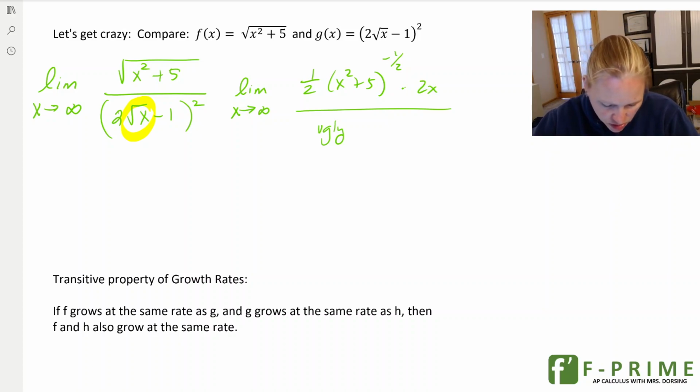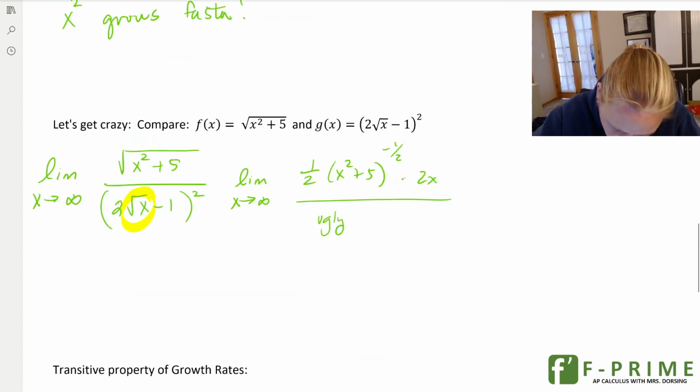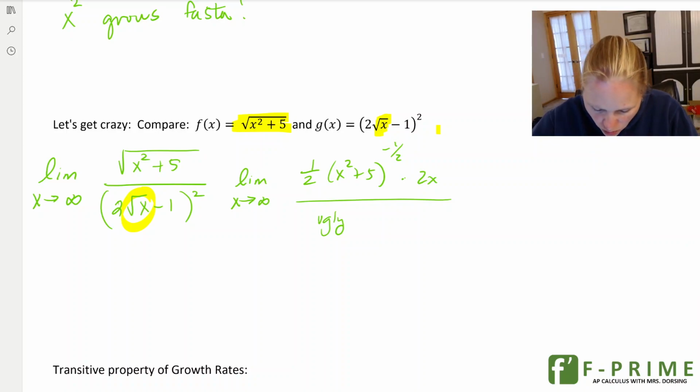So one thing we do when we have a square root in the f function and a square root in the g function is we have to get a little crazy and get a little creative. And think of it this way.